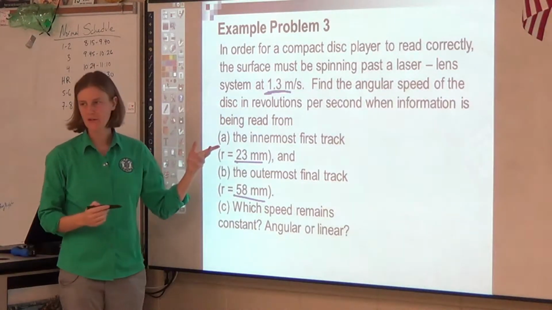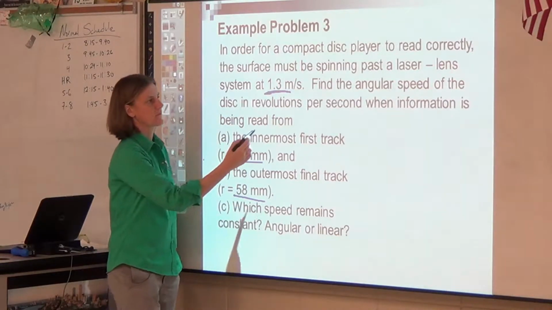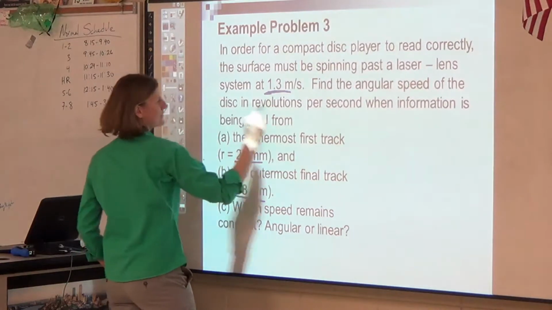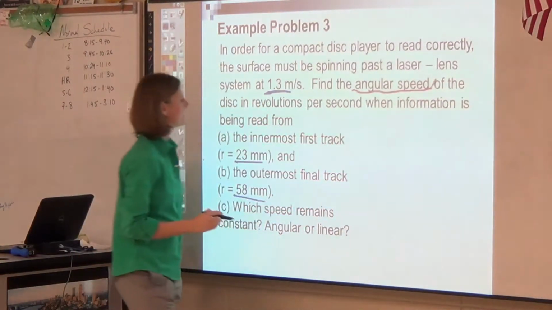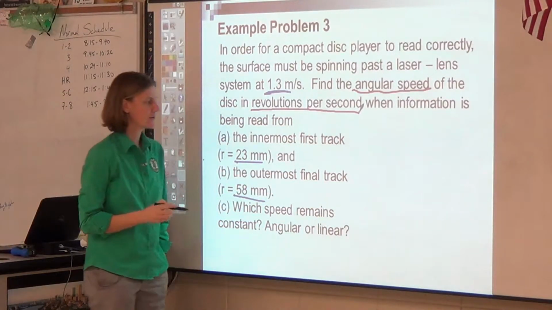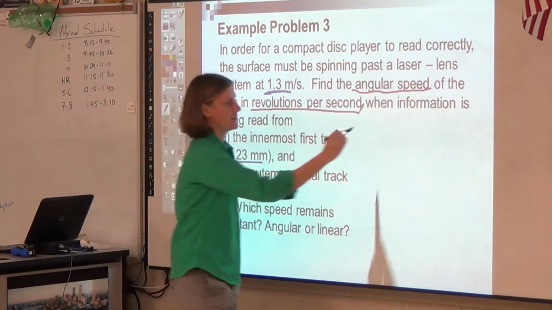But in this particular problem, you have the same linear speed, that 1.3 meters per second. So that answers question C right there. The linear speed remains constant, but in order for that to happen, the angular speed and the radius would have to change.